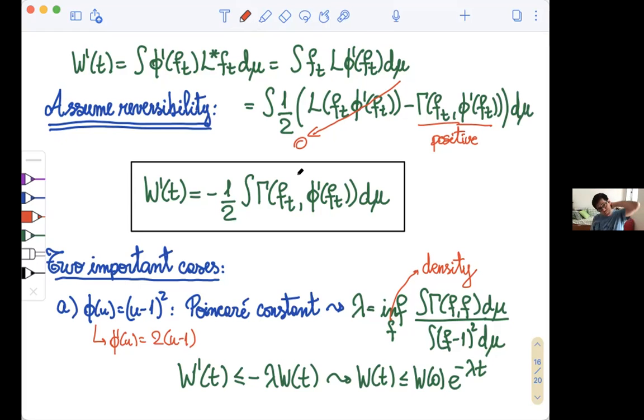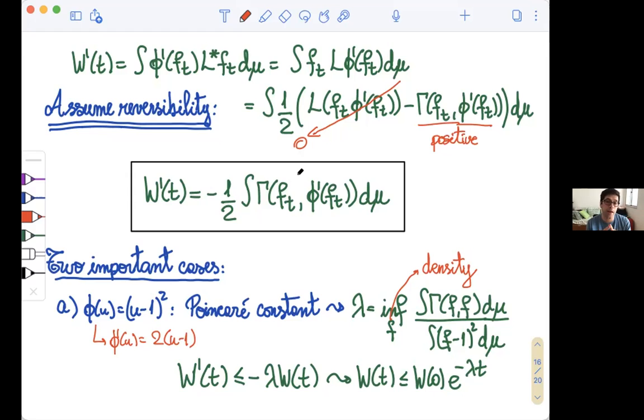Now, there are two important cases. Although this is true for any entropy, what people really do is consider two functions, or variations of these two functions, because those are the ones which behave nicer. The first important case is phi of u equals (u minus 1) squared.